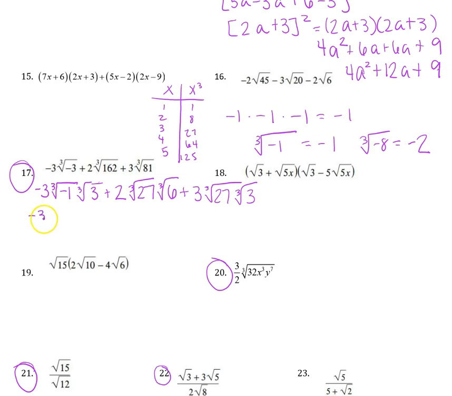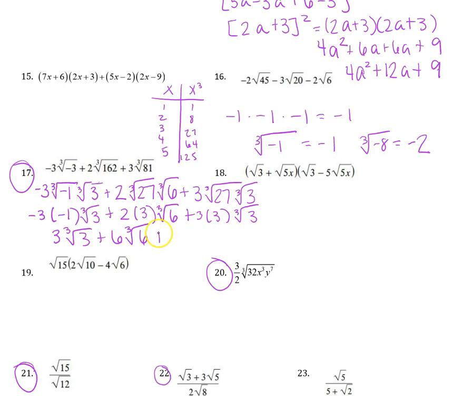So I've got -3 times -1, because that's the cube root of -1, times the cube root of 3, plus 2 times 3, cube root of 6, plus 3 times 3, cube root of 3 still. Okay, so I've got 3 cube root of 3, plus 6 cube root of 6, plus 9 cube root of 3.